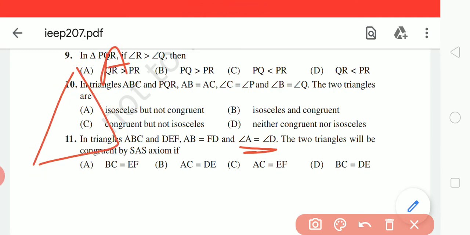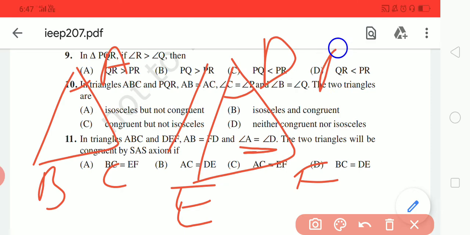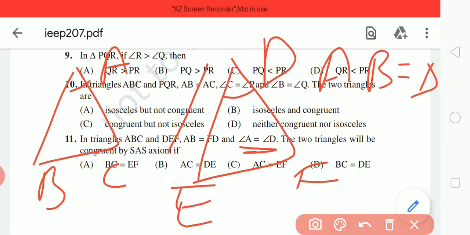ABC, here I am taking ABC, and the other is DEF. This is DEF, students. And if angle A and angle D are equal, the sides AB must be equal to DE, right? And AC must be equal to DF.